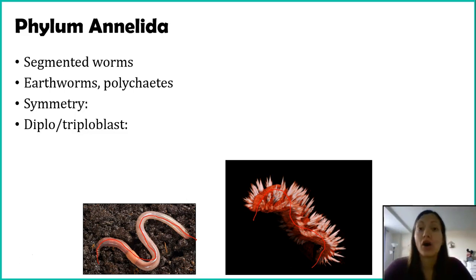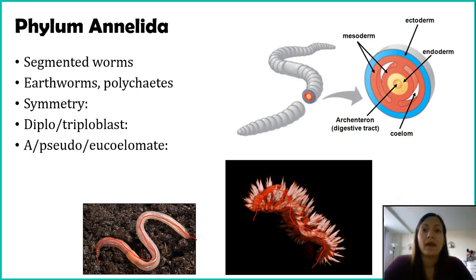These organisms are triploblasts, so they have the endo, ecto, and mesoderm. And because they're triploblasts, that means we can organize them as being a pseudo or eucoelomate. If we take a look at this diagram over here, again, here's our blue ectoderm, our yellow endoderm, and then this pinkish area is the mesoderm.